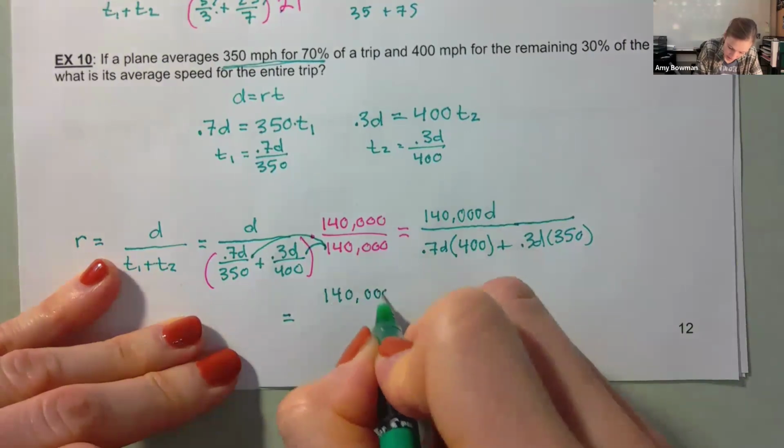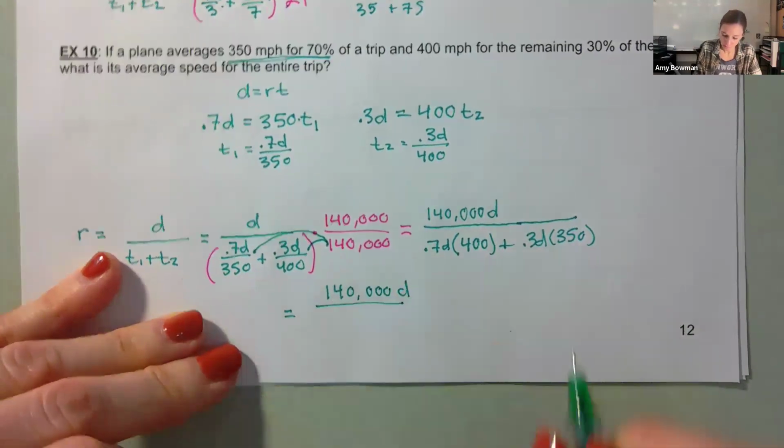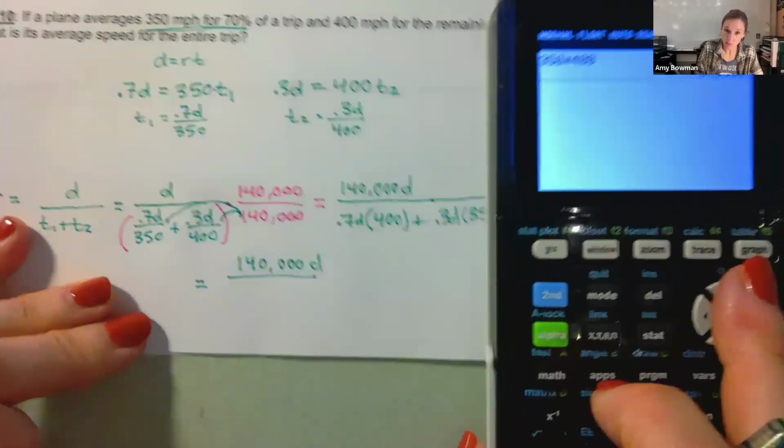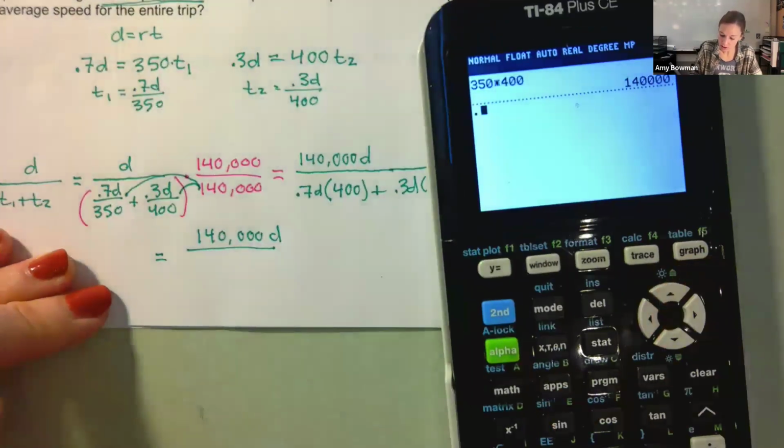So we've got 140,000 times D. And then down here, we've got 0.7 D times 400. So 0.7 times 400 is 280.